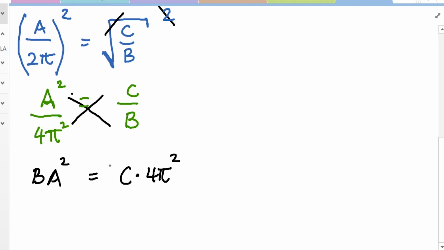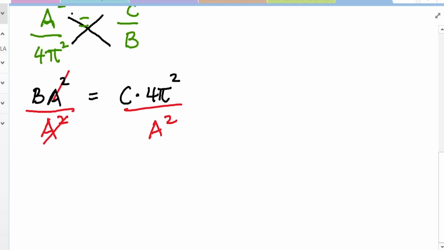We are interested in isolating b, so let's eliminate this a squared. We do that by dividing both sides by a squared, so that this goes with that. And from there, we have b, which we are making the subject of the formula, being equal to c times 4 pi squared, that is 4c pi squared over a squared.